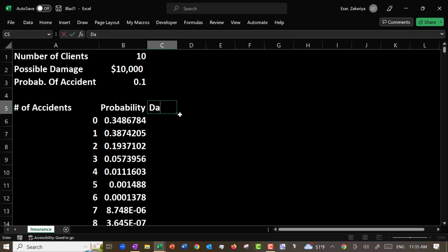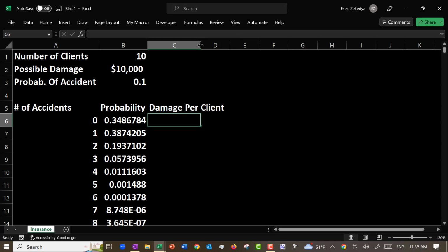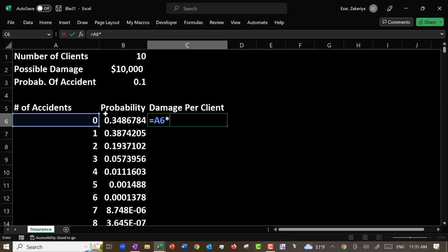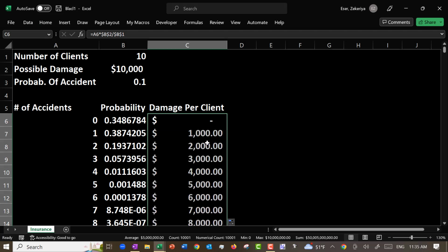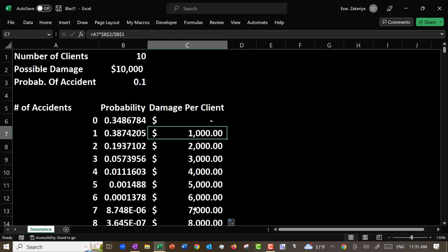Damage per client, because that's our variable of interest. I have that many accidents with that much damage, but that many clients. It's not terribly surprising.